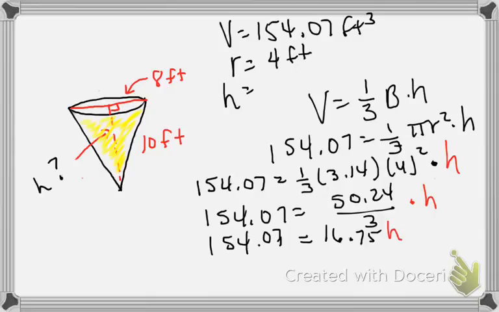Now I'm going to divide both sides by 16.75, because I want to get h by itself. Now understand we could be a little bit off because we've been rounding.